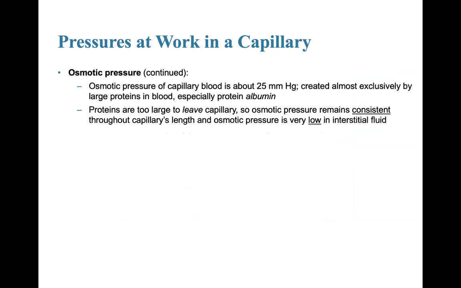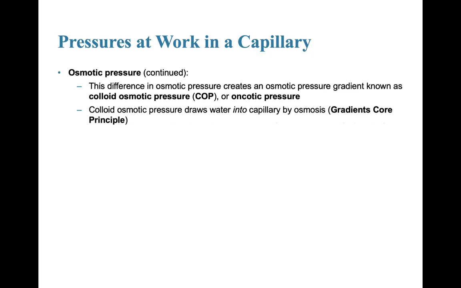Osmotic pressure of the capillary blood is about 25. This is created almost exclusively by the large proteins that are present in the blood, especially the protein albumin. Proteins are too large to leave the capillaries, so the osmotic pressure remains consistent throughout the capillary's length, and the osmotic pressure is very low in interstitial fluid. This difference in osmotic pressure creates an osmotic pressure gradient known as the colloid osmotic pressure, or oncotic pressure.